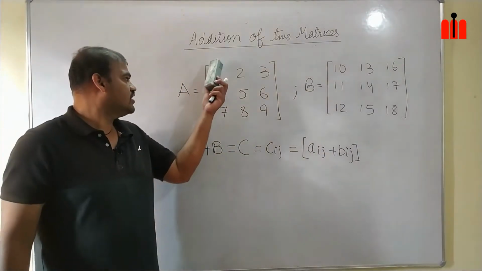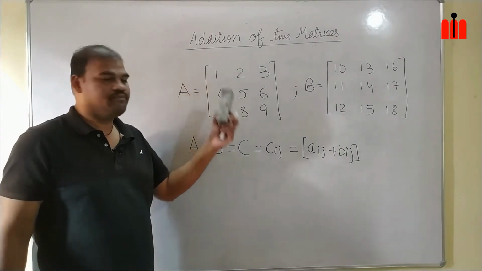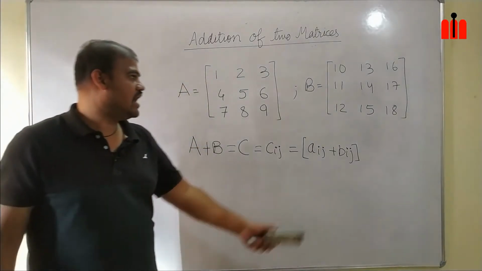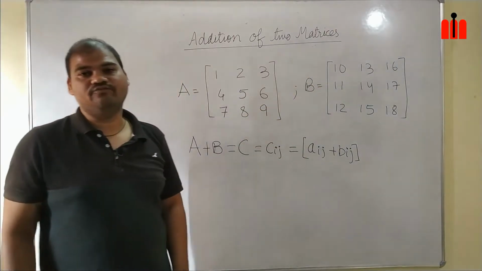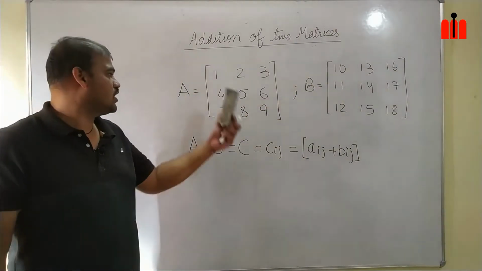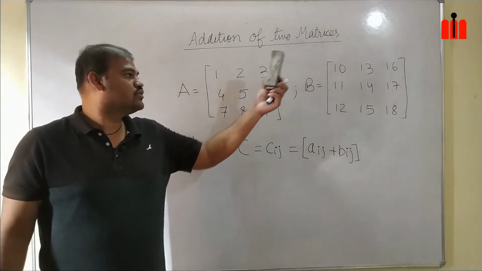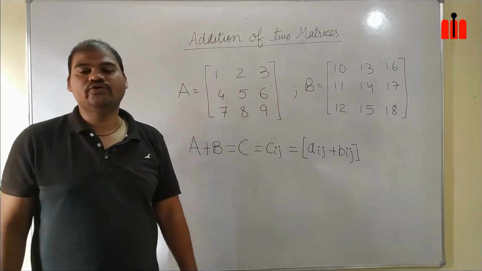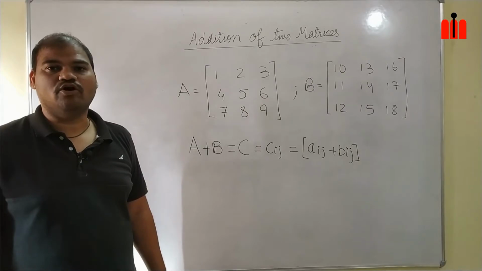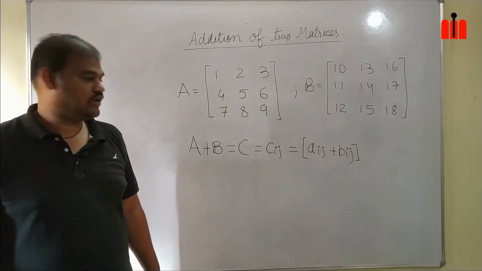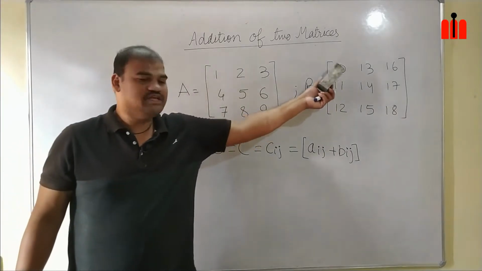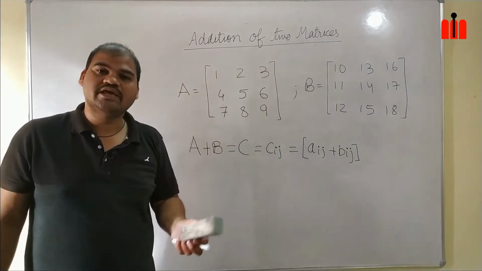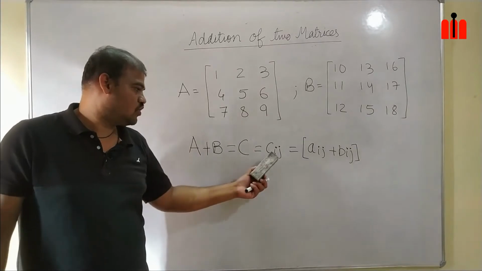If we are taking the first row and first column element, that should be added to the first row and first column element of matrix B. First row and first column of matrix A will be added to first row and first column of matrix B. So the result of this addition will be the first row and first column of matrix C.